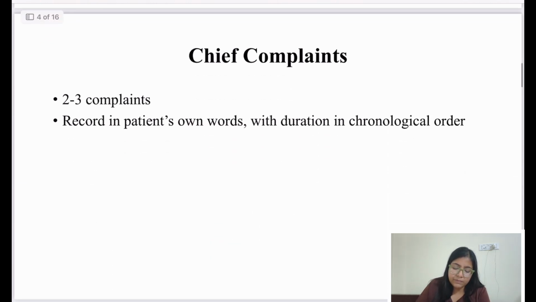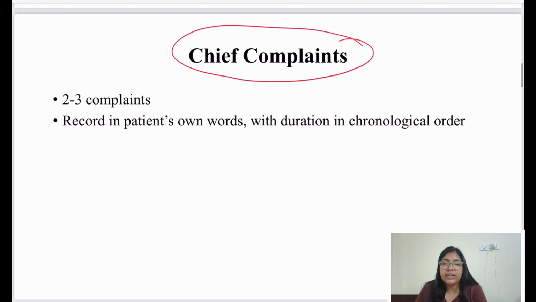Then come the chief complaints. You should write 2 or 3 chief complaints in chronological order. The patient may tell you 10 complaints, but you should pick up 2 or 3 important gynecological complaints. Like the patient may tell you she has bleeding PV or irregular menses, and she has bilateral lower limb pain, or she has headache, and she has pain during menstruation also.